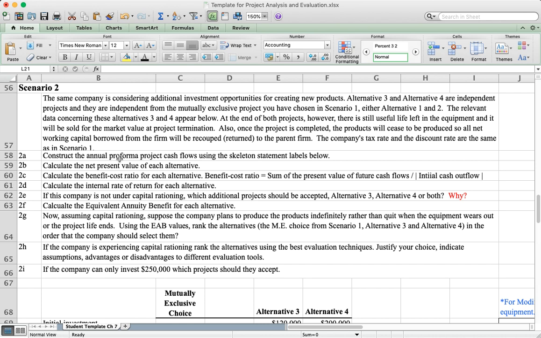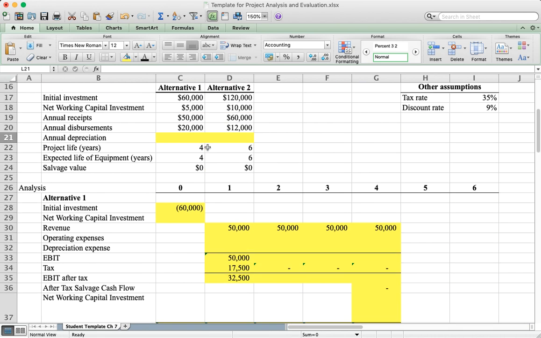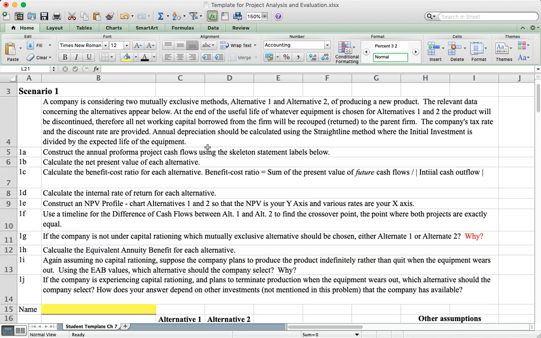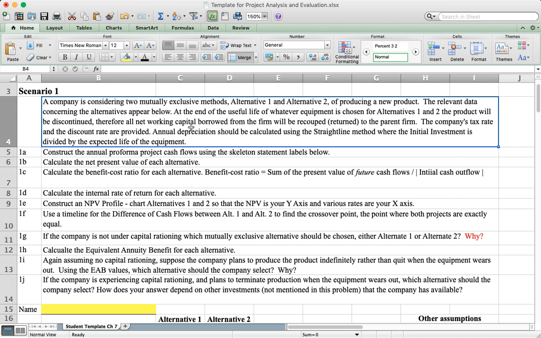This same company is going to consider additional investment opportunities. The big deal is this. These 2 alternatives up here are mutually exclusive. When you see the words mutually exclusive, it means that you can only choose one of them, because whatever resources or property is being used can only be used for this or that. It's not an and statement.